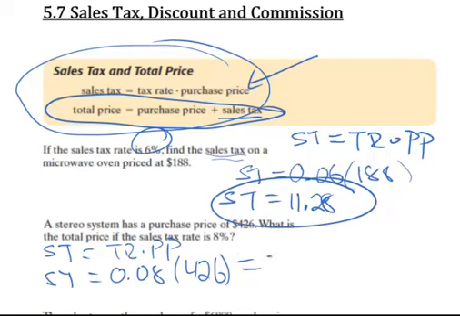I'm coming up with $34.08. Now, if I want to find my total price, I need to add those two numbers together. So I need to take $34.08 and add it to 426, and I'm coming up with $460.08.